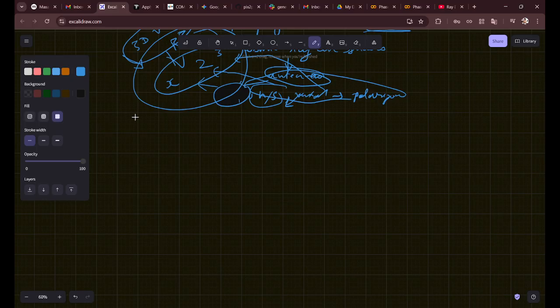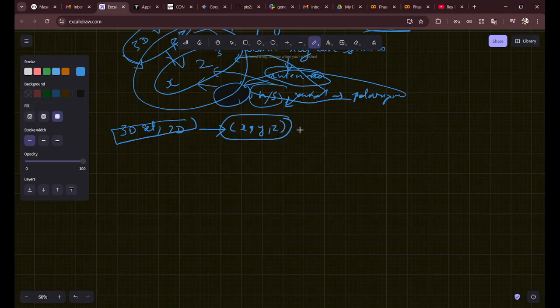For example, a 3D set, it can be 2D. For example, (x, y, z). Let us say this is R3.